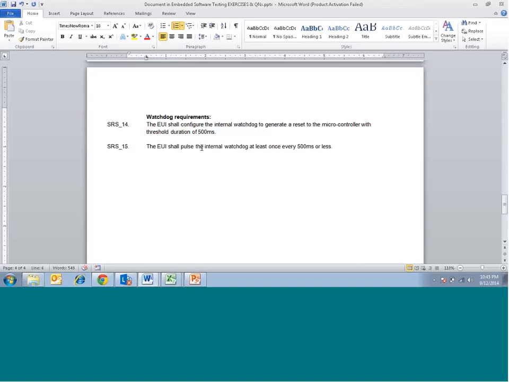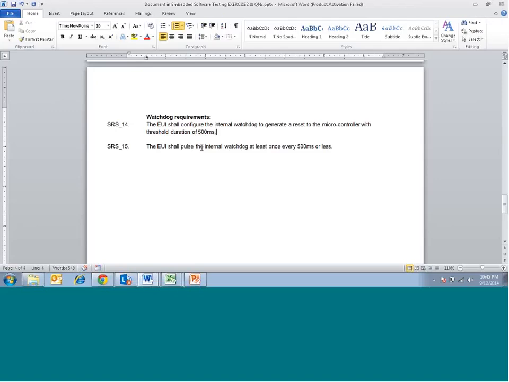What it means is it has a configuration saying that when it is up and operational, it should be configured for 500 milliseconds such that the watchdog will be satisfied with a pulse of less than 500 milliseconds. That is the next requirement. If it is not, the watchdog is going to reset it because it is configured for 500 milliseconds, right?